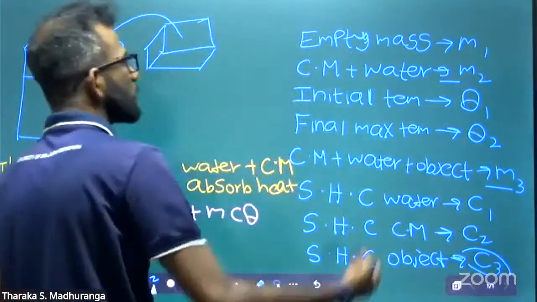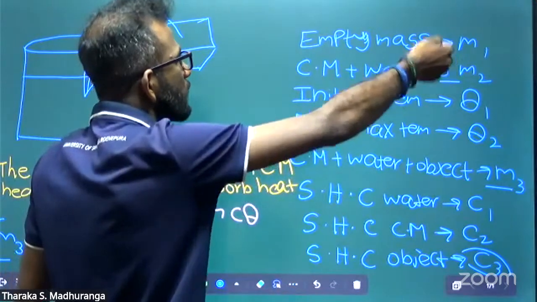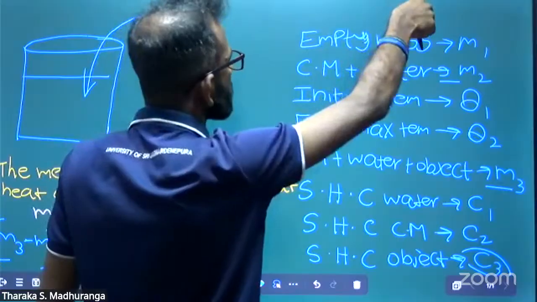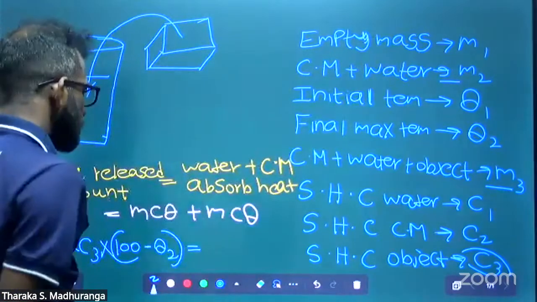Good, because calorimeter plus water is M2. Then if we subtract the calorimeter mass, it is M2 minus M1.